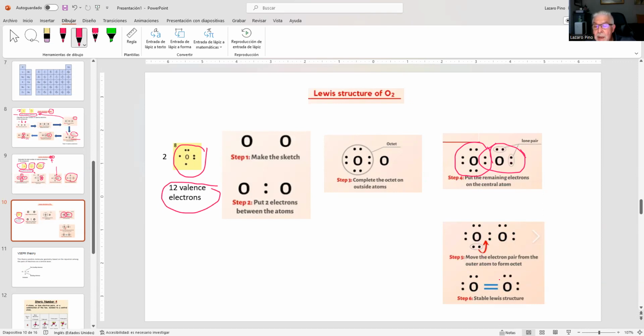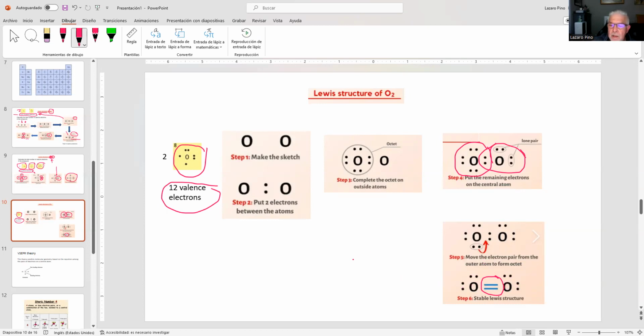How? Well, making a double bond. And now we have satisfied all the atoms. 1, 2, 3, 4, 5, 6, 7, 8. And the same thing here. 1, 2, 3, 4, 5, 6, 7, 8.